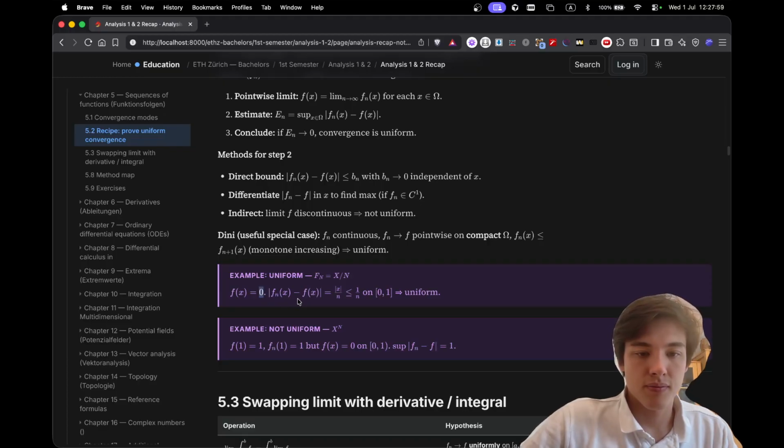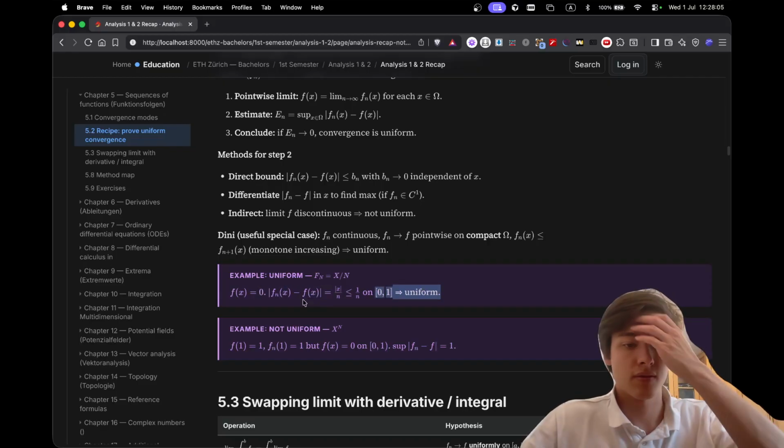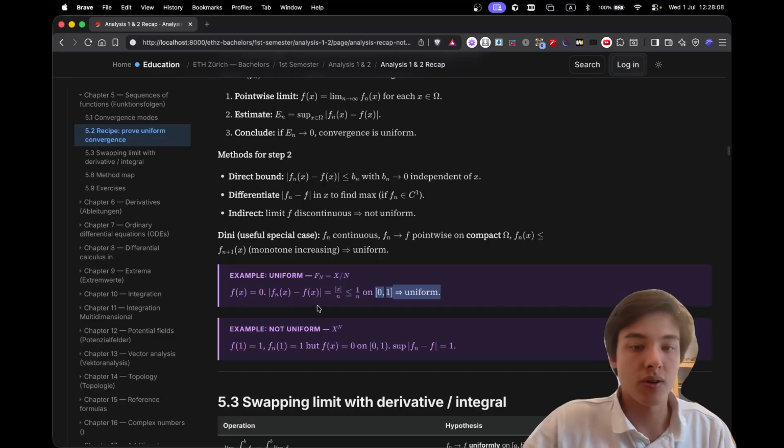Fn minus f, what is it called? The large number.